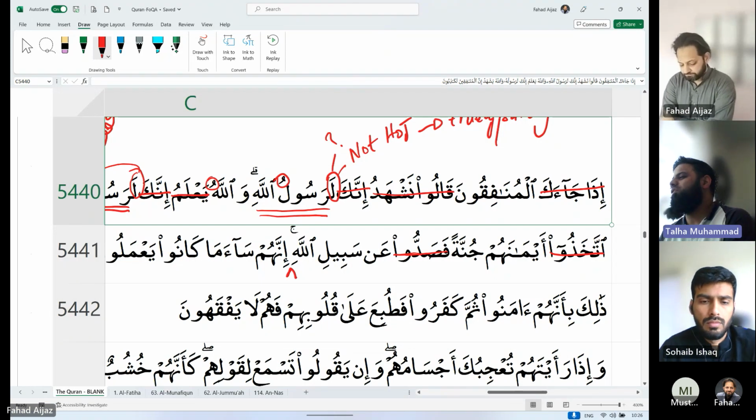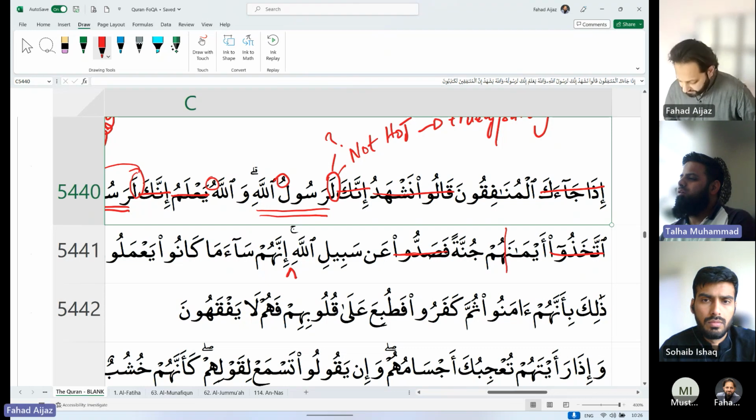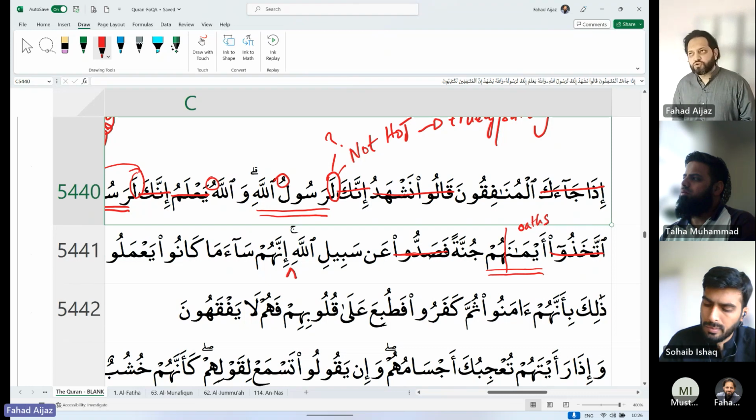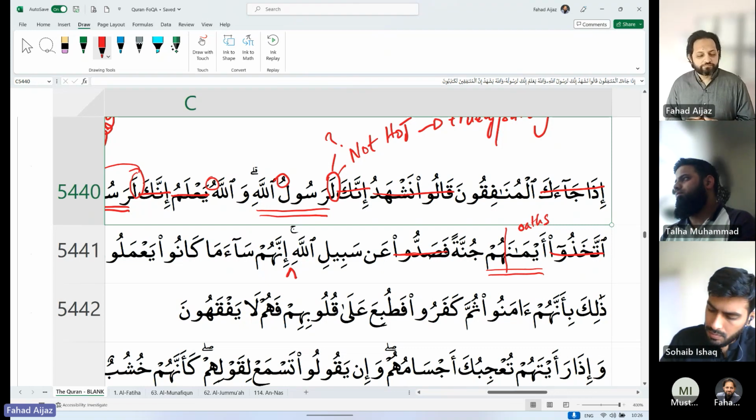Ayman and hum is an attached pronoun. It's an idafa with an attached pronoun. Perfect. Correct. Aymana and hum. It's an idafa with an attached pronoun. Aymana means oaths. It's not iman, this is Ayman. It's not belief, it's oath. If it means oaths, what would Aymanahum mean?